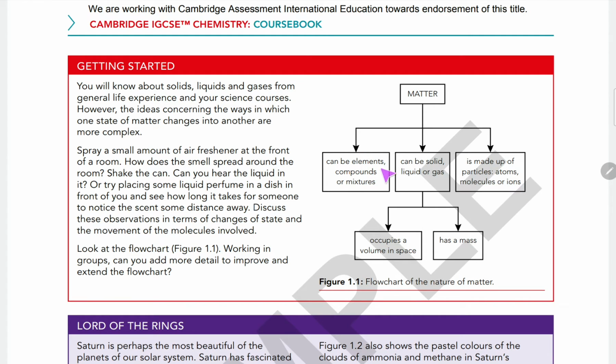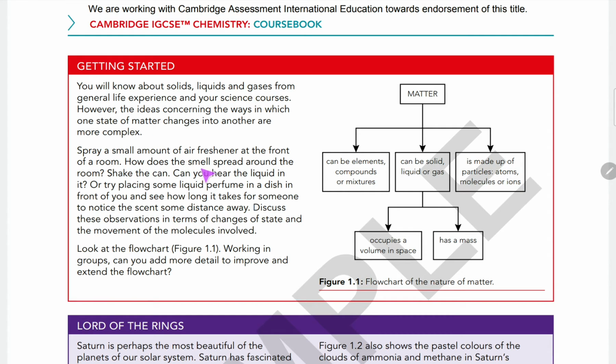It occupies a volume in space and it has mass, right? We know about solids, liquids and gases from general life experience and your science course. However, the ideas concerning the ways in which one state of matter changes into another are more complex.